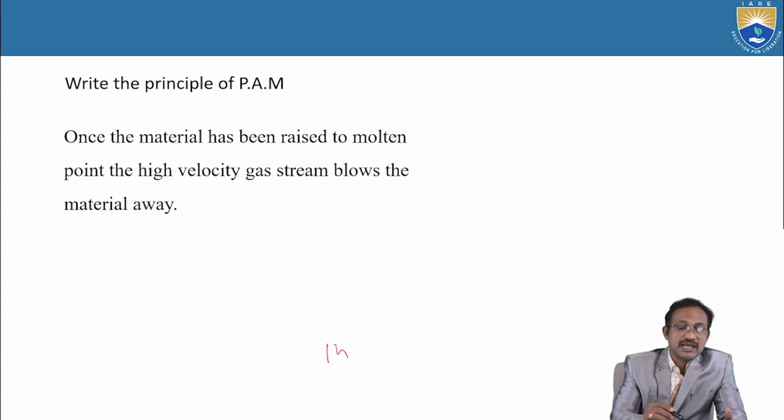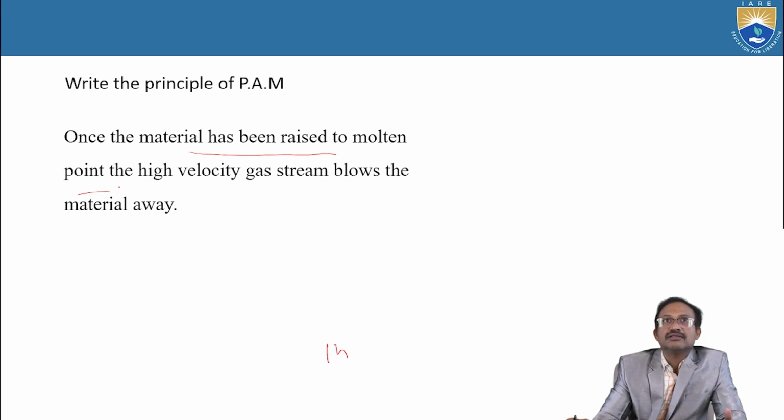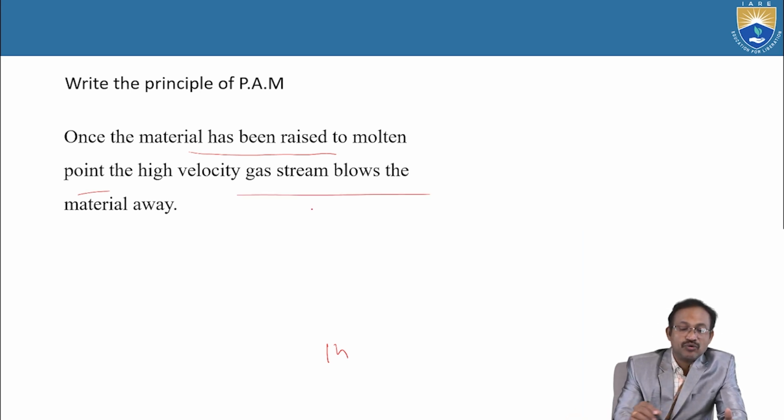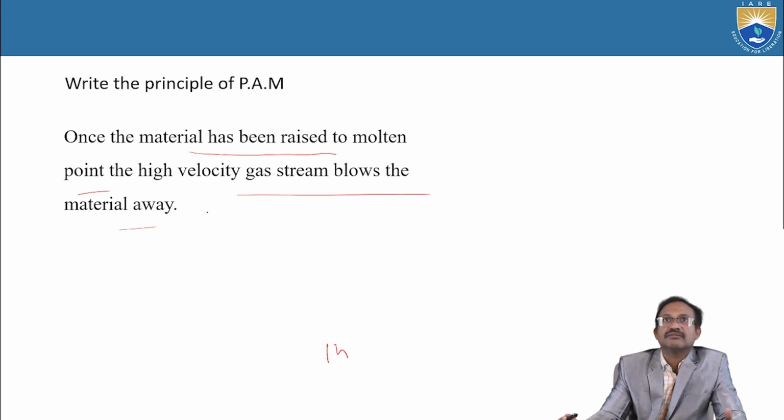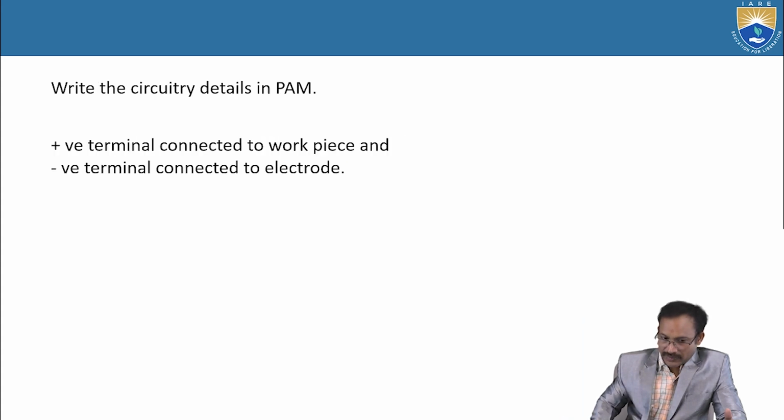So what is happening? Once the material has been raised to molten point, the high velocity gas stream blows the material away. Write the circuitry details in plasma arc machining.